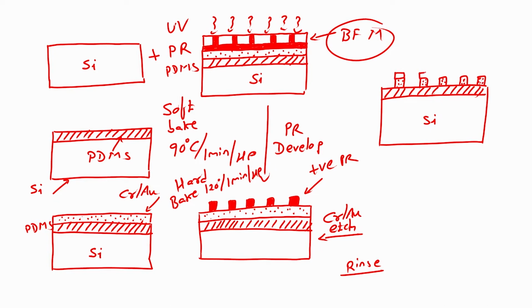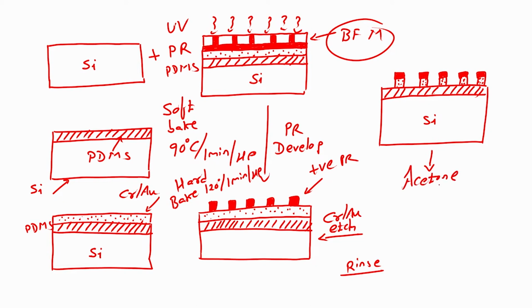This area like you have seen here is not protected by positive photoresist. So, the area which was not protected by photoresist, that will get etched in the chrome gold etchant, correct, easy. Next step would be I will dip this wafer in acetone.